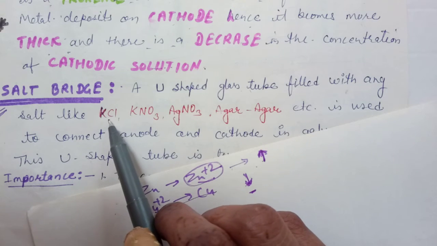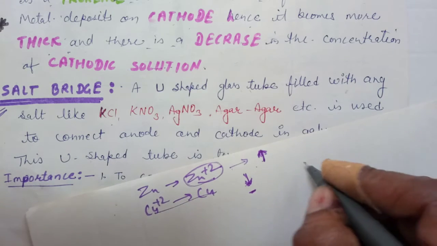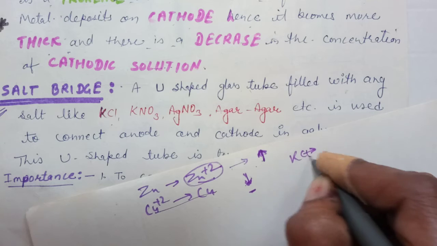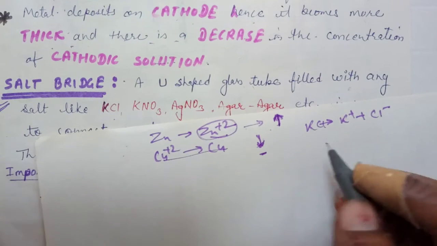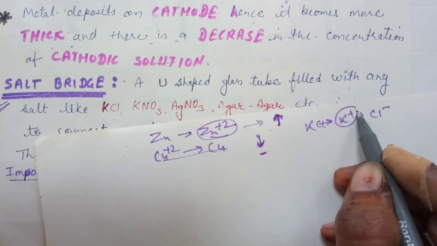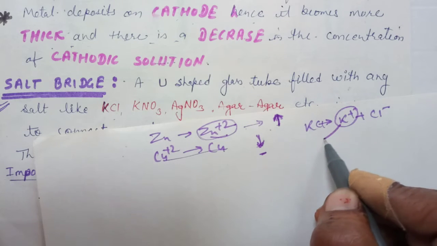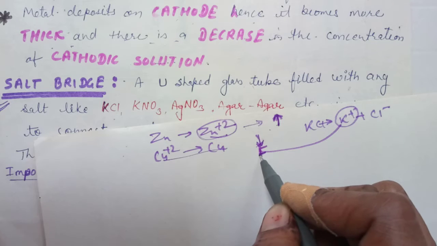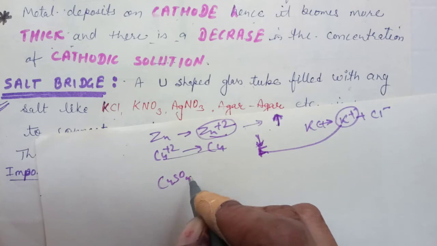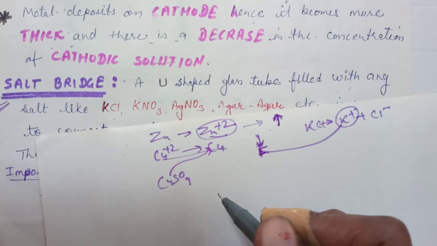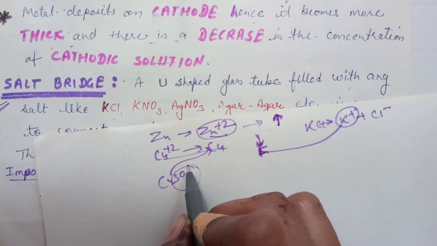So suppose there is KCl in the salt bridge, then KCl will dissociate into K+ and Cl-. So these K+ ions will be discharged in the cathodic solution, because suppose this is CuSO4 solution, Cu ions are reduced and SO4 ions remain in the solution.